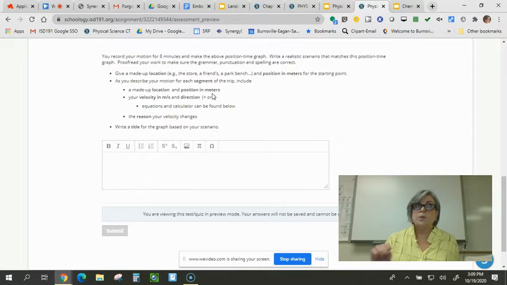In other words, where does it line up on the y-axis? That's the first thing. Secondly, what your velocity is for the segment. And that's going to be in meters per second, along with a direction. So you're going to tell me whether it's positive, negative, or if it happens to be 0, then that's irrelevant. And then also the reason your velocity changes.